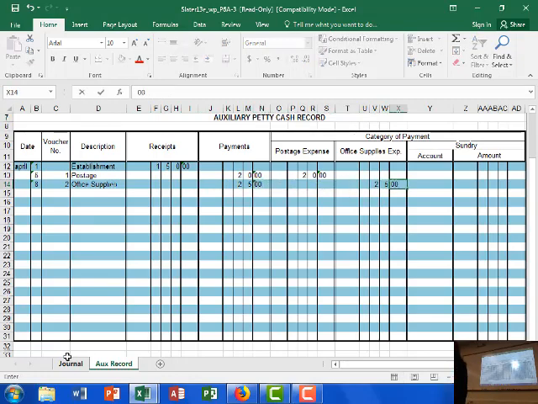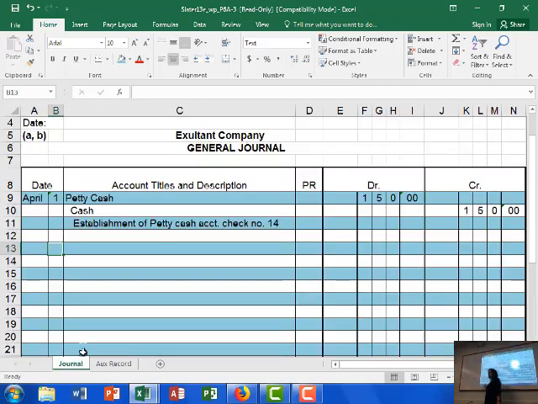Then on the 15th, notice we're doing something completely different. Issued a check, number 15, to Upright Corporation for $250 for past purchases on account. The amount should let you know, if it's $250, you don't have that amount in petty cash. So what are you going to do? You're going to go back to your general journal. Okay?